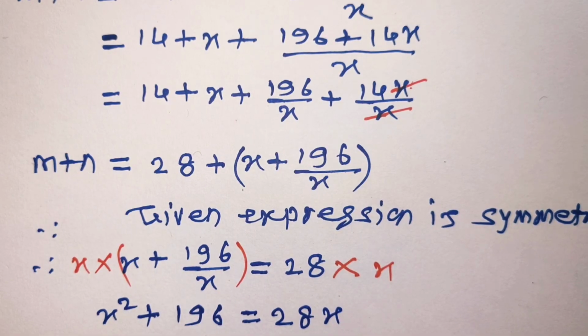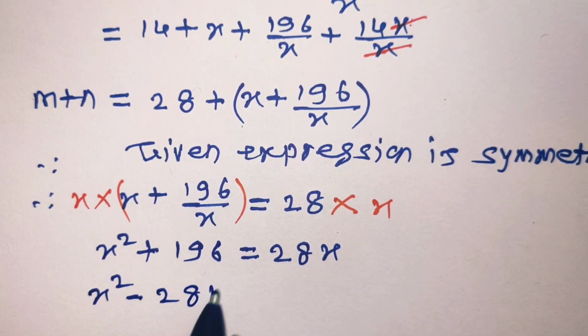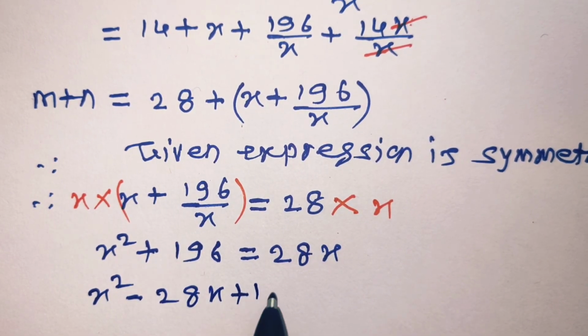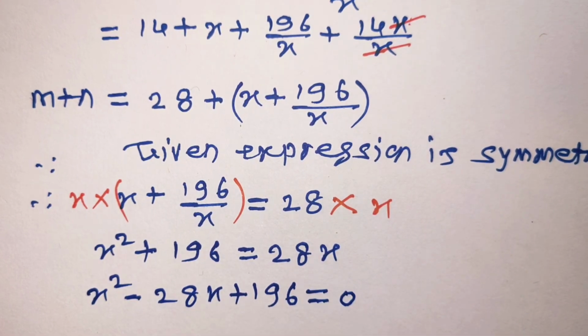Taking all terms on one side, x square minus 28x plus 196, this is equal to 0.